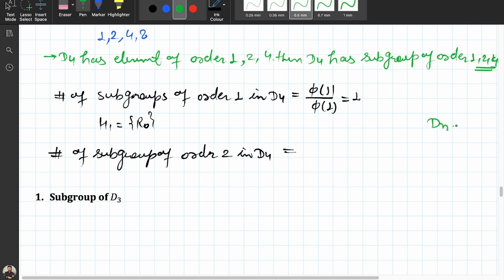If n is even, then the number of elements of order 2 is n plus 1, meaning 5 elements are there. If n is odd, then only n. Okay, these are the number of elements of order 2. Then it is 5 divided by phi 2, then it is 5.